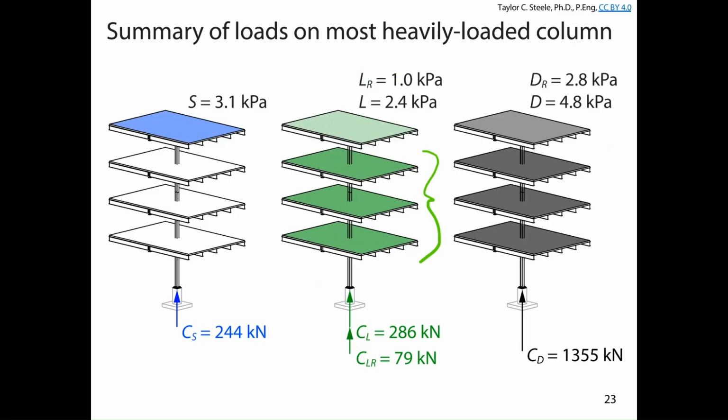We only have snow on the roof, that amounted to 240 tons. We have live load on 3 floors from office space that could be reduced based on those areas to get 286. A live load on the roof to consider of 79, and then a dead load of 1,355 kilonewtons.